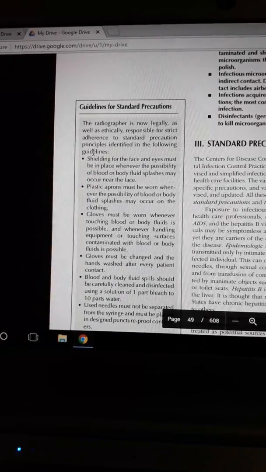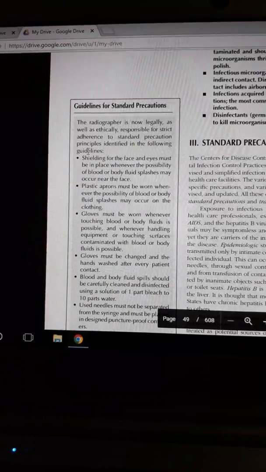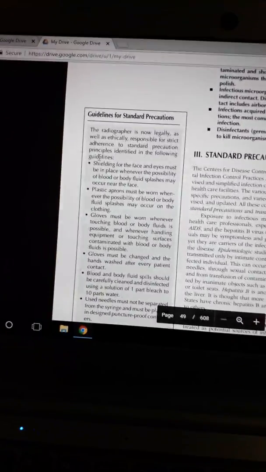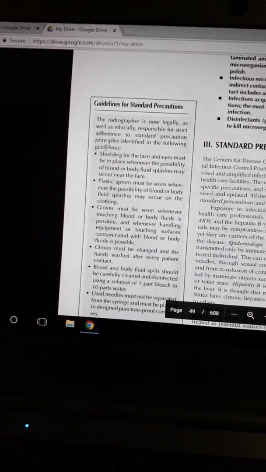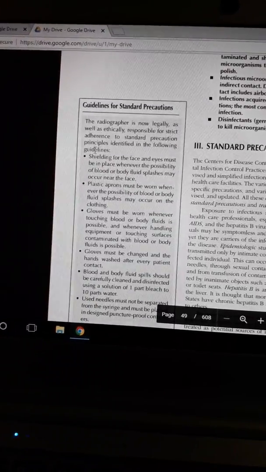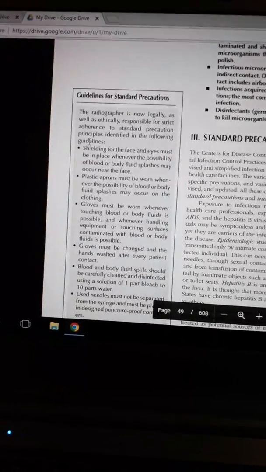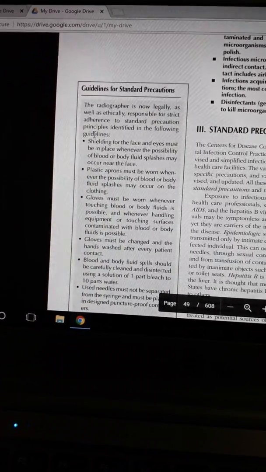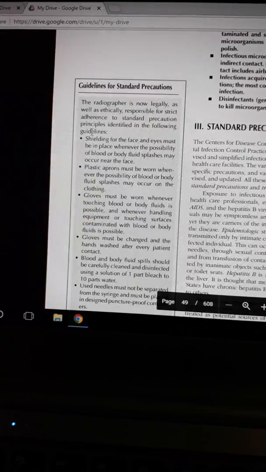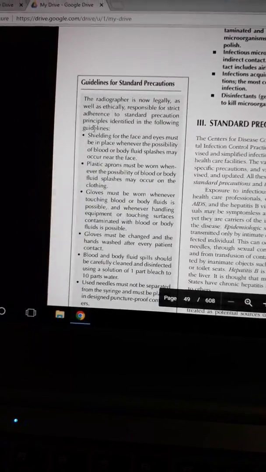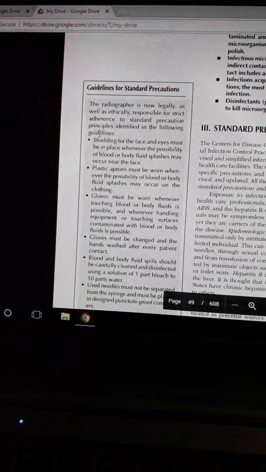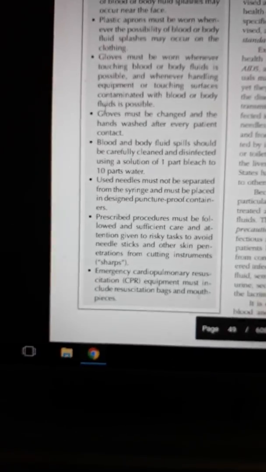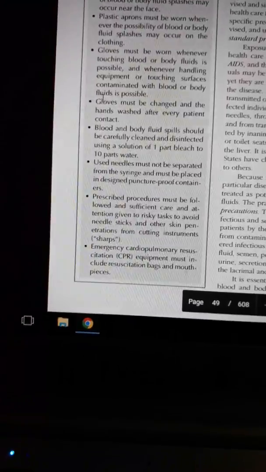Patient blood and body fluid spills should be carefully cleaned and disinfected using a solution of one part bleach to ten parts water. Used needles must not be separated from the syringe and must be placed in designated puncture-proof containers.